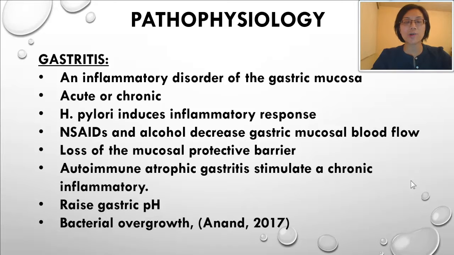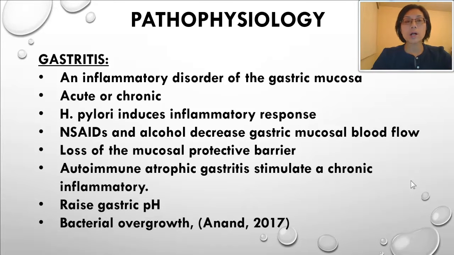Pathophysiology. Gastritis is an inflammatory disorder of the gastric mucosa. It could be acute or chronic. The main reasons for gastritis are using NSAIDs, alcohol, cigarettes, or having H. pylori infection.